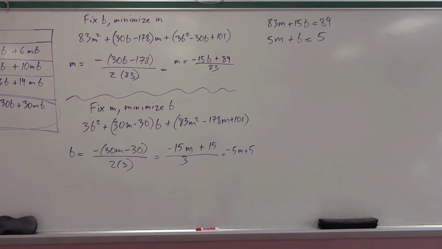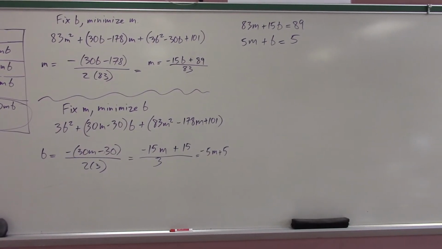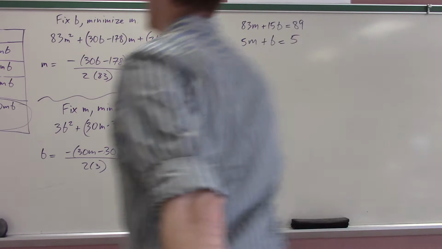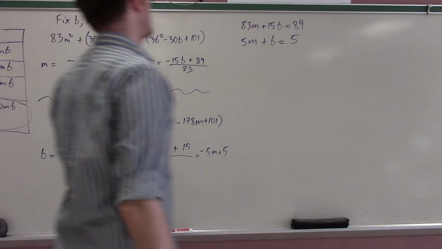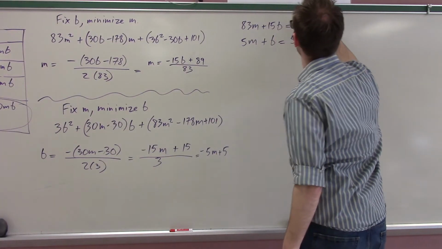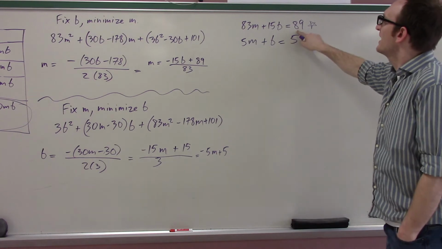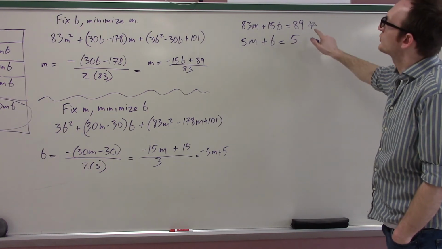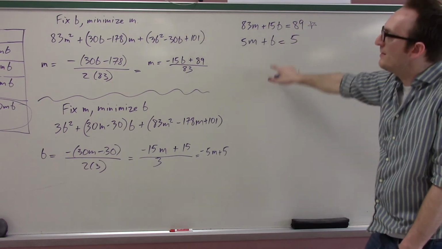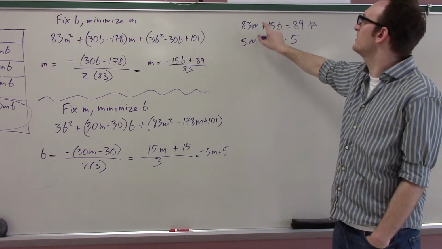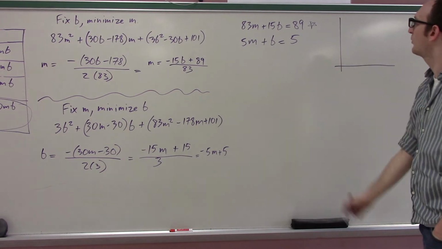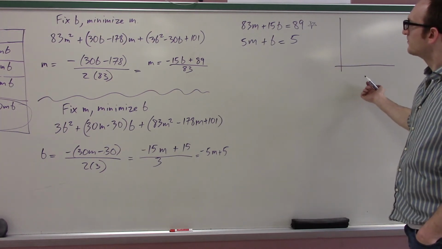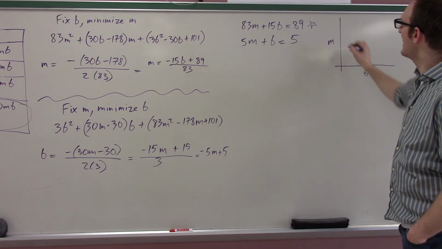Here comes the thinking. The thinking is, if I want to know when this big expression is as small as possible, I need to find the ordered pair which makes it as small as possible. Well, what is this line really? This line is a line which produces the minimum m for a given b. So you can sort of think of there as being kind of like a graph. So this is b and this is m.